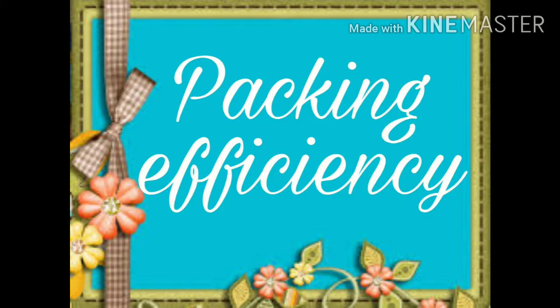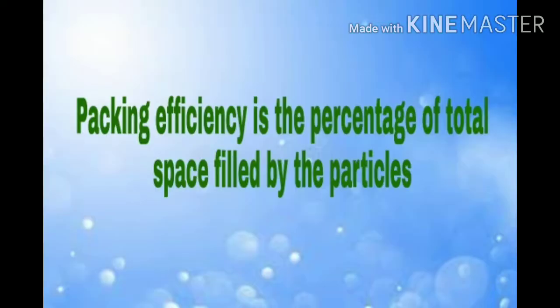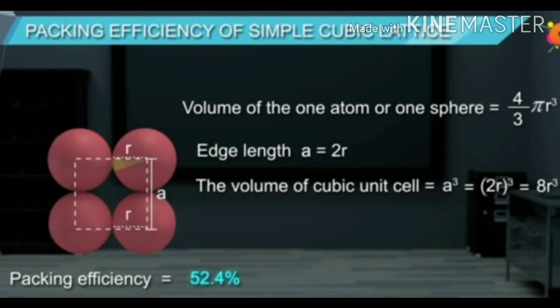In the previous class, we discussed the packing efficiency in simple cubic lattice. Then, what do you mean by packing efficiency? Yes, it is the percentage of total space filled by the particles. Then, what is the value of packing efficiency in simple cubic lattice?